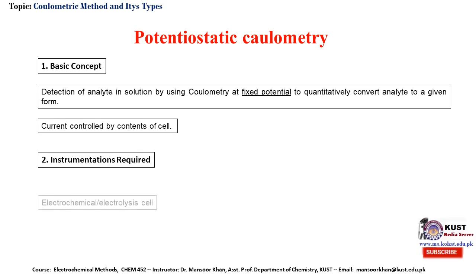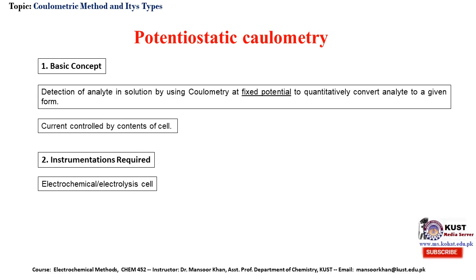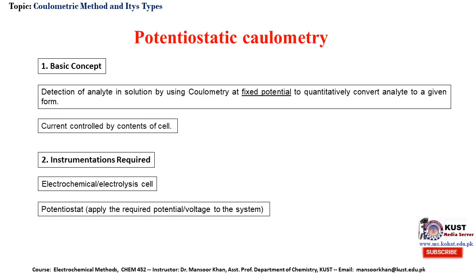Instrumentation includes an electrochemical cell, which is an electrolysis cell. This is also known as an electrolytic cell, which we have discussed in our previous lecture in detail. A potentiostat, which applies the required potential for the chemical reaction to occur.